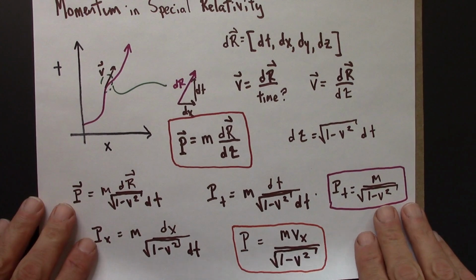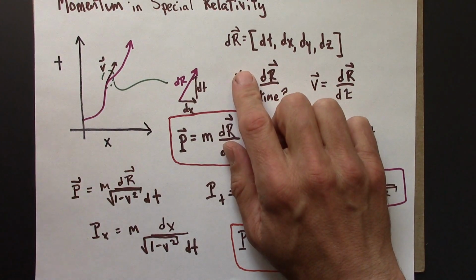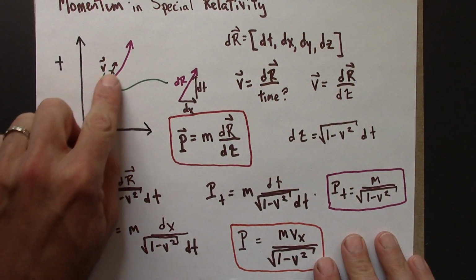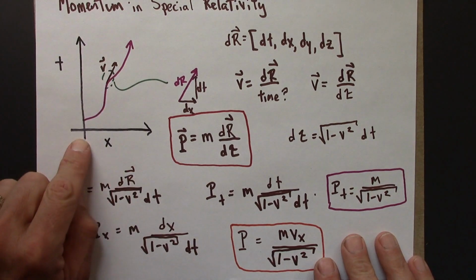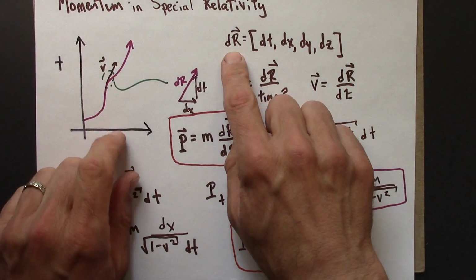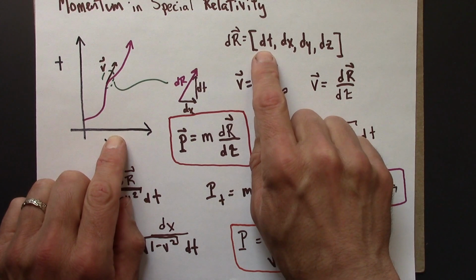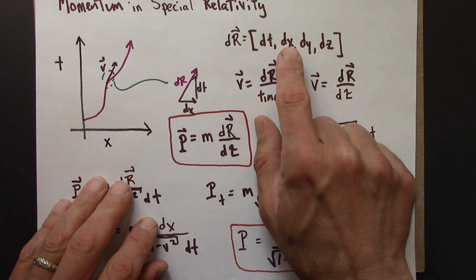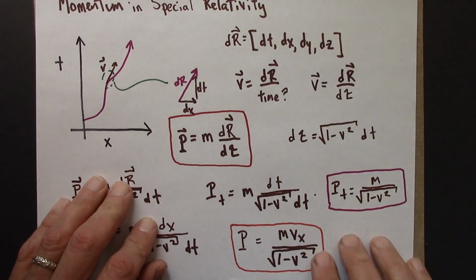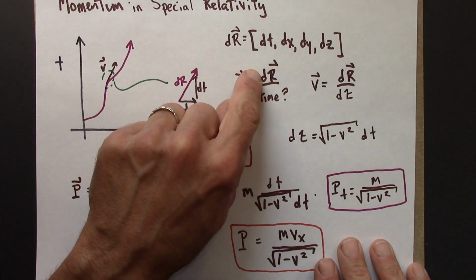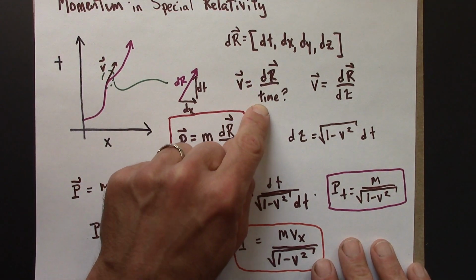Okay, so let me recap really quickly. Momentum in special relativity, we think about paths through 4-dimensional space, the world line. A little displacement along that path you would specify in terms of a time, x, y, z. V is dr divided by time, but what time?